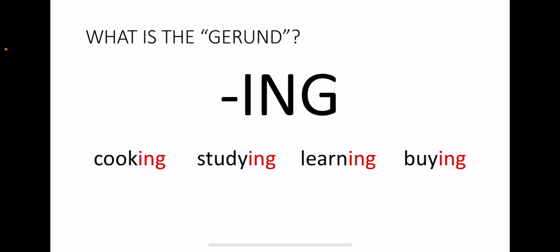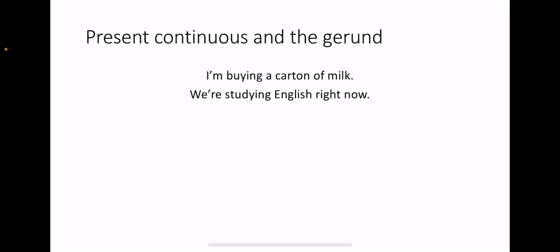Now, most of the time, we associate the ing with a structure in English, which is the continuous form, or the progressive form. And we have studied this as well. So, for example, here are some sentences. In those sentences, we are including ing in the verb to create the present continuous, right?